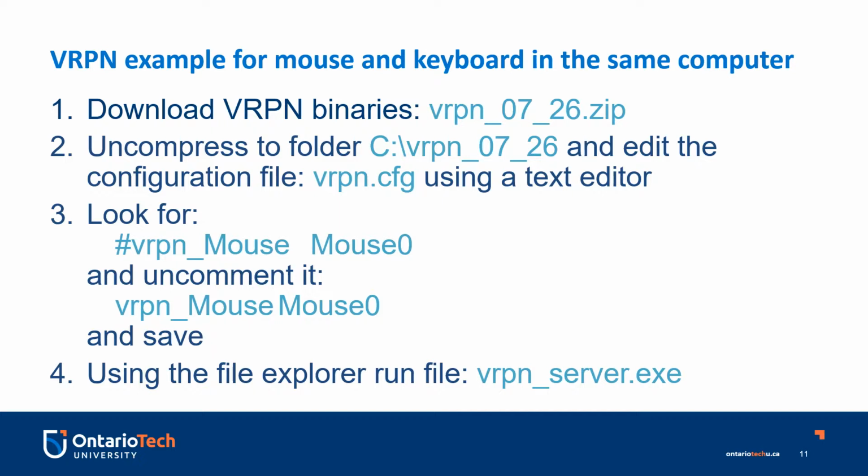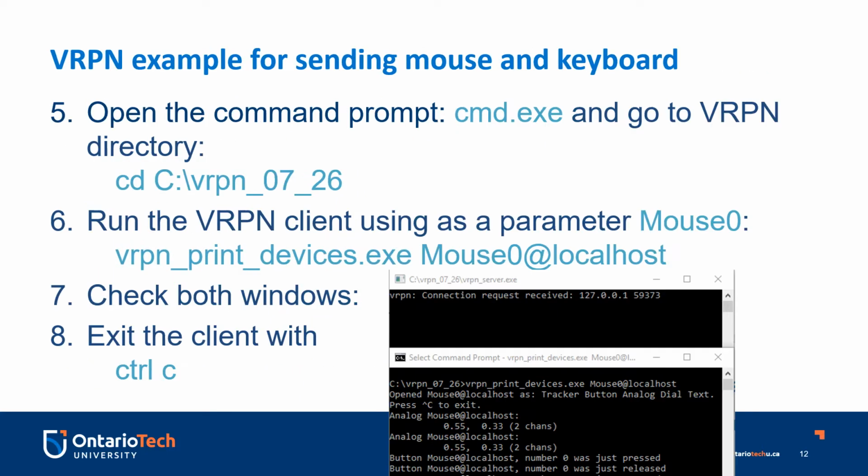Look for the VRPN mouse line and uncomment it. Later, we have to run the VRPN server. The server launches a window without any information.